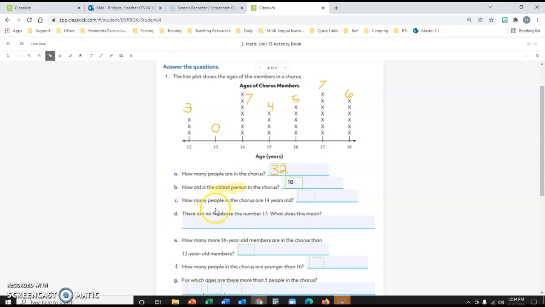C, how many people in the chorus are 14 years old? Okay, so this how many? How many? So I'm going to look for 14, and then I can see that there's 7 x's. So there are 7 14-year-olds in the chorus.